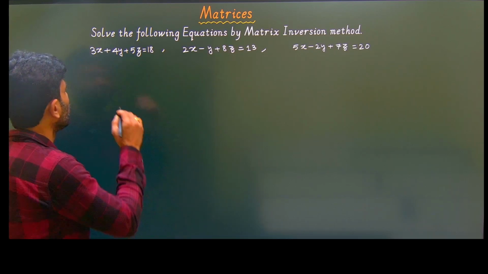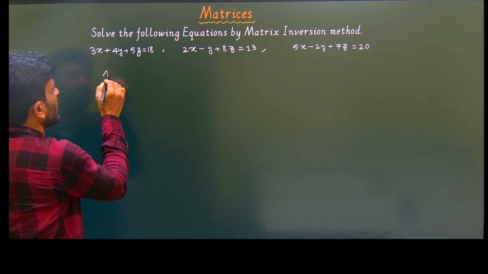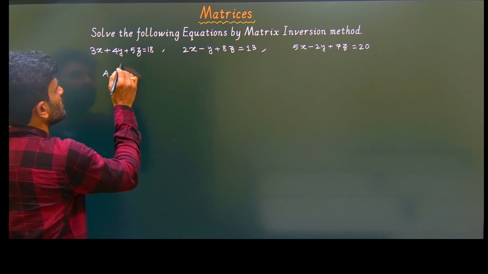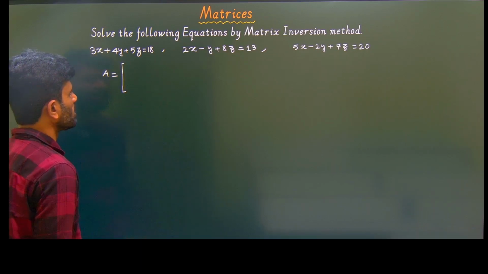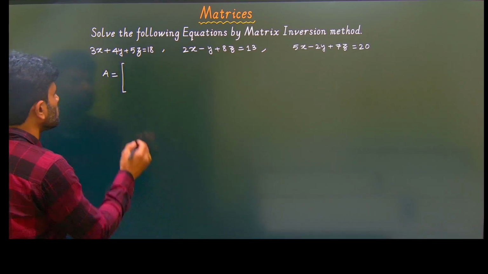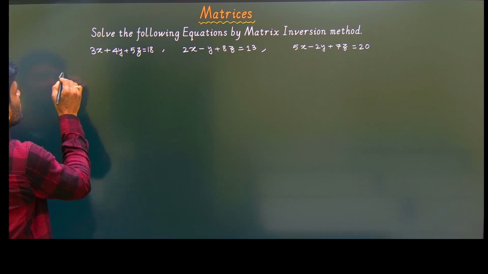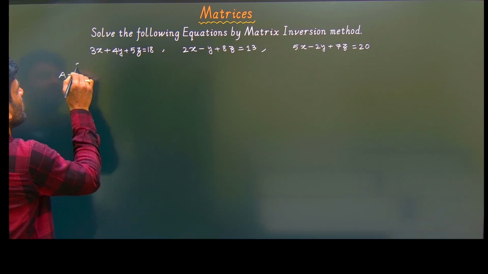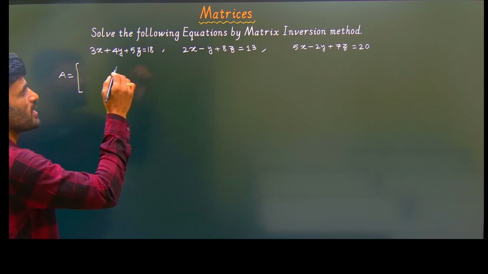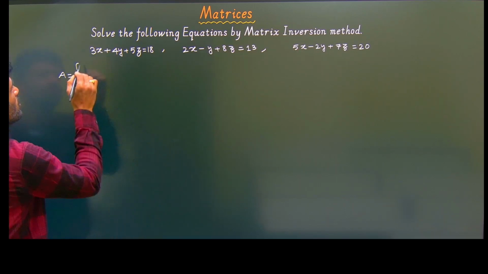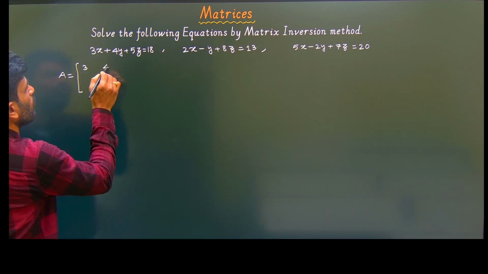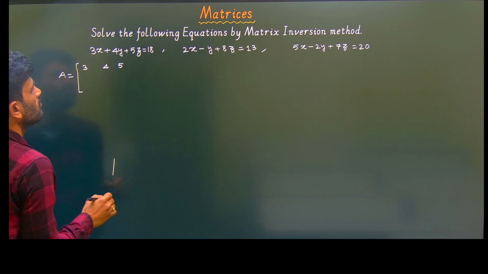That is the coefficient matrix. First we write it, denoted by A. A is equal to, we will write all the coefficients of x, y, z in the form of rows. In the first equation we have 3, 4, 5, that is 3, 4, 5 in the first row.